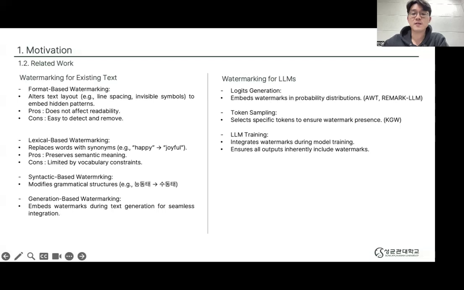Token sampling selects specific tokens during the generation process to ensure watermark presence. LLM training incorporates watermarks during model training, ensuring that all outputs inherently contain the watermarks. Our proposed framework builds upon these methods while addressing their limitations.